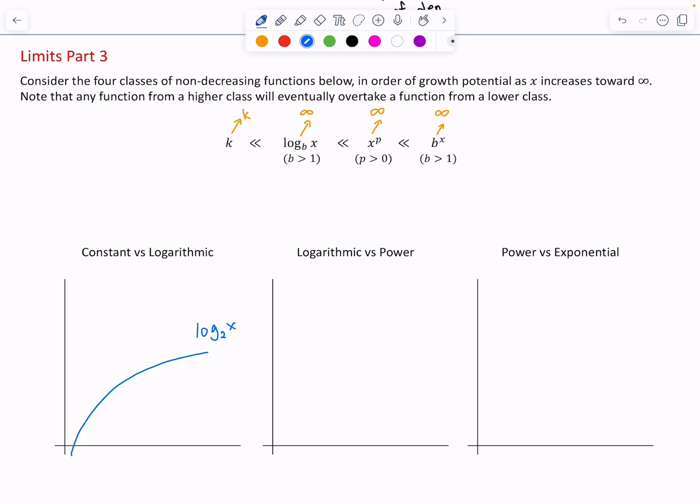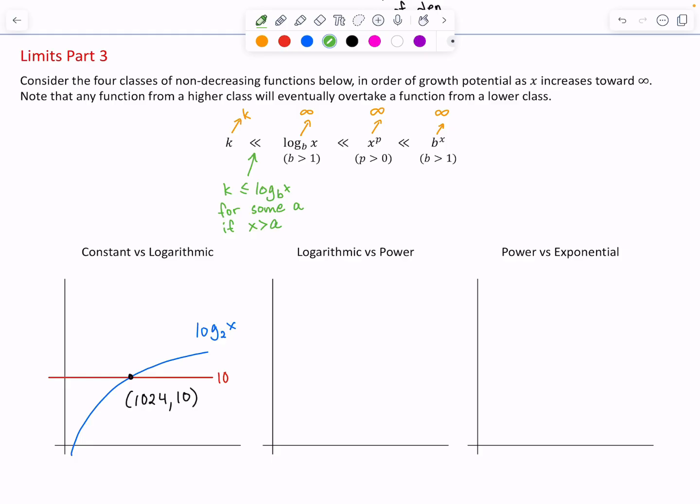So in our notes, we have log base 2 of x, and then y equals 10, and there was some point at which the logarithm overtook the constant, and that happened when x was 1024 in this case. This symbol means that the logarithm will be greater or equal to k for some number a if x is more than that value a. So it just means eventually the logarithm will be higher than the constant.